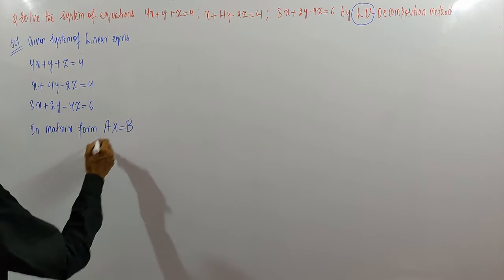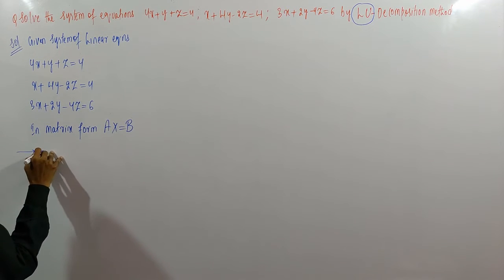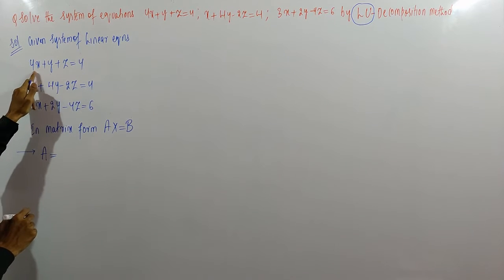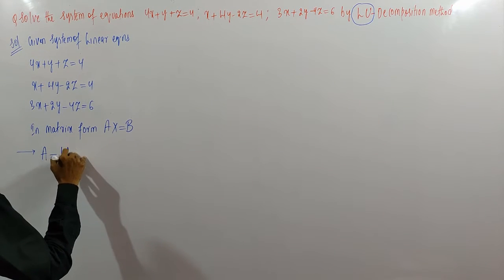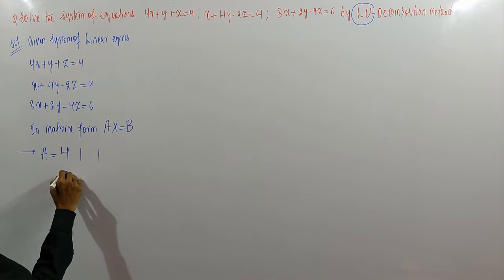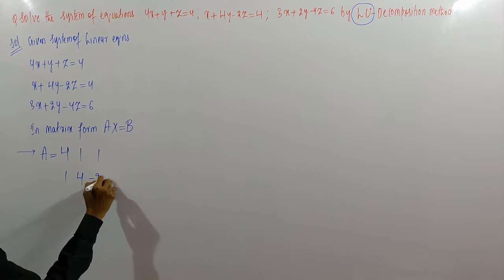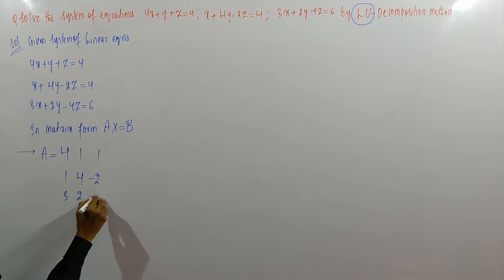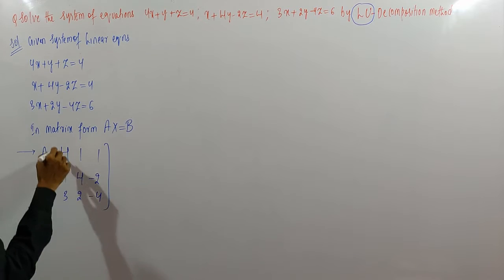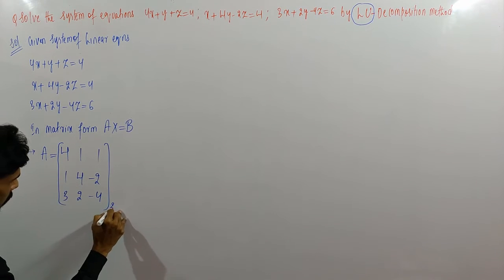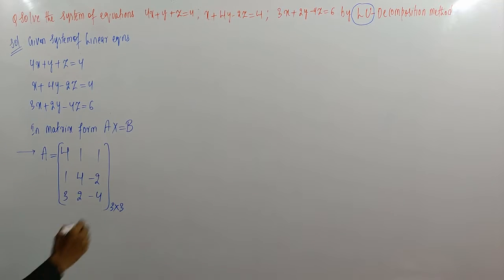Now let us write coefficient matrix A. A is the coefficients of x, y, z. Here we have 4, 1, 1. Next we have 1, 4, minus 2. Then 3, 2, minus 4. This is a 3 by 3 matrix, 3 rows and 3 columns.